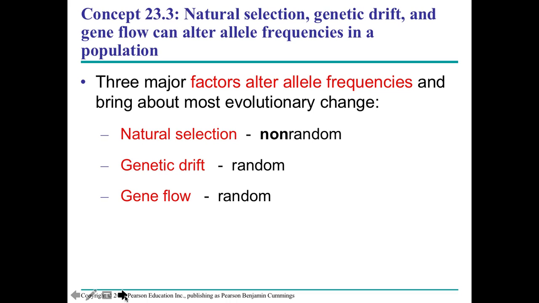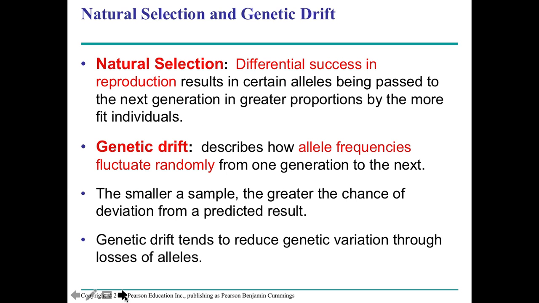I really hope you know what it is by now, but that is the environment, you adapting to your environment and changing a population. So natural selection is non-random because you are adapting to things that are happening in your environment. We have genetic drift, which is random, and we have gene flow, which is random. So we're going to talk about each of those.